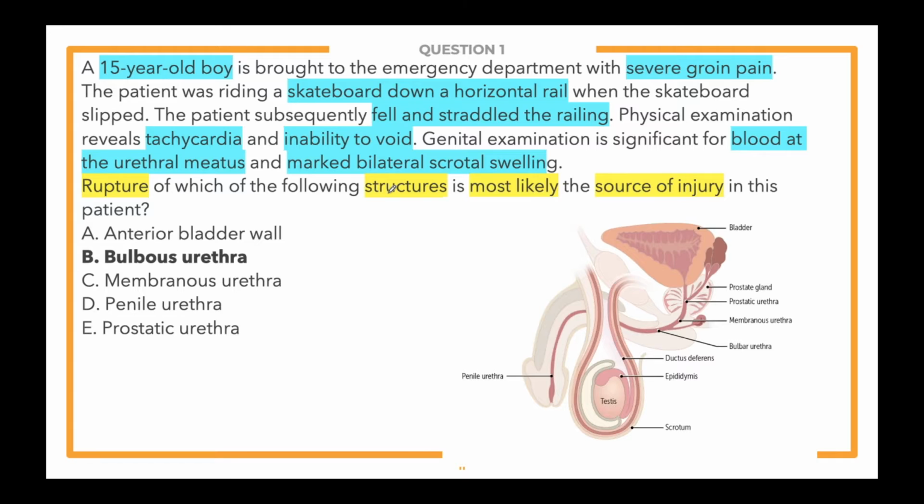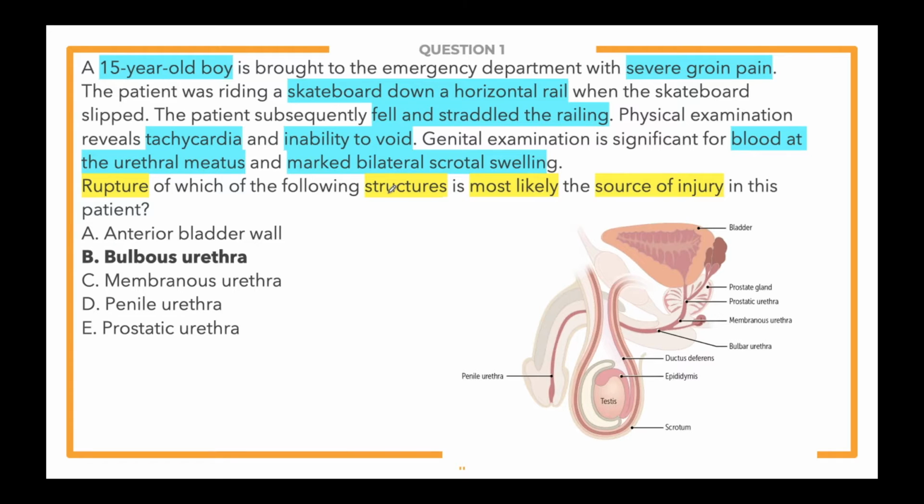The penile urethra could be damaged following a penetrating injury, so something that penetrated into the urethra distally. We talked a little bit about membranous urethral damage. And that can be caused by bladder rupture, that can be caused by pelvic fracture, as we talked about.